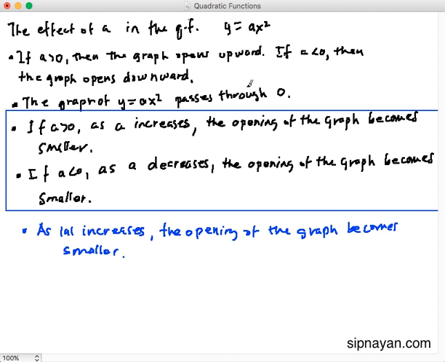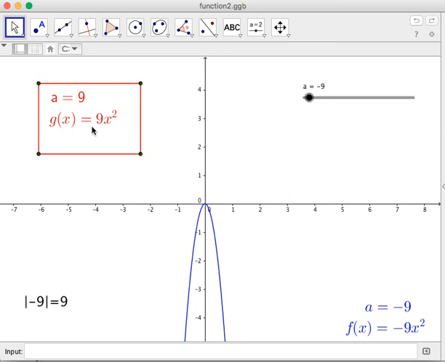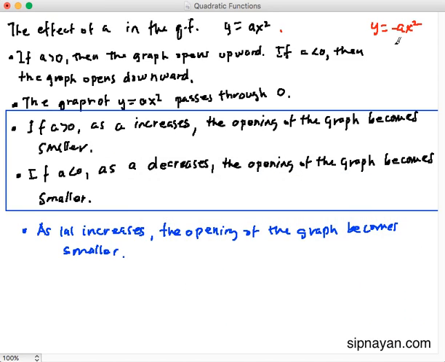Ang explore natin dyan is yung relationship ng graph ng y equals ax squared at saka yung graph ng y equals negative ax squared. Tingnan natin yung graph nito. So, ang negative ax squared is just the opposite. Binabago lang yung sign. Pag 5 dito, magiging negative 5.